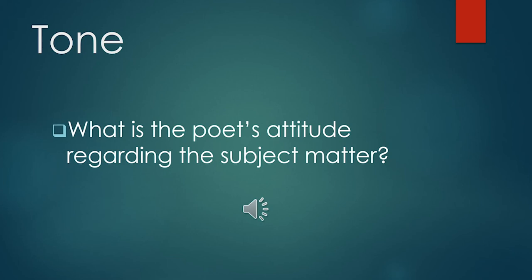Now it's harder when it's written down. It's easier when someone says it, because by how loud someone speaks or by how they say something, it gives us a clear indication of tone. But we have to be more perceptive in poetry because it's written down. We don't have someone reading it out.